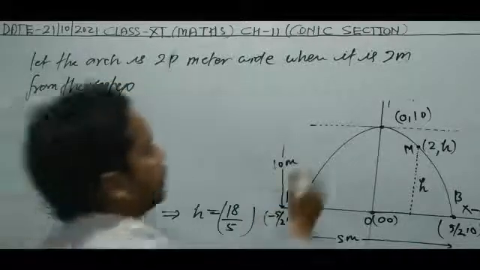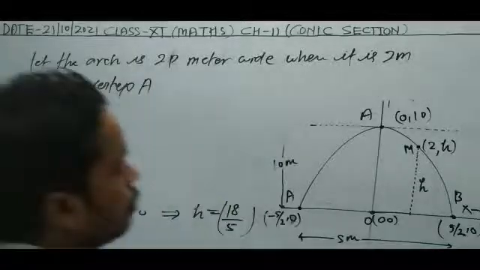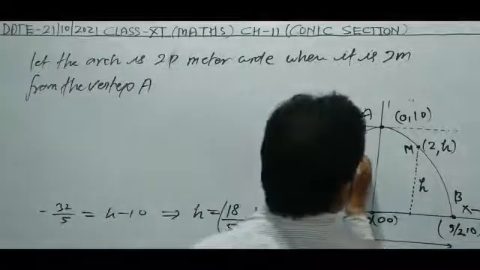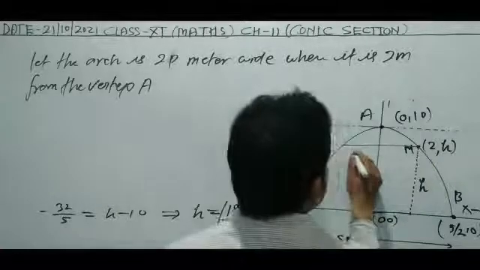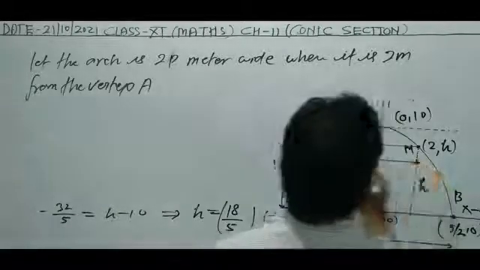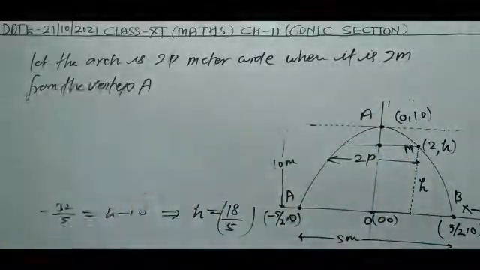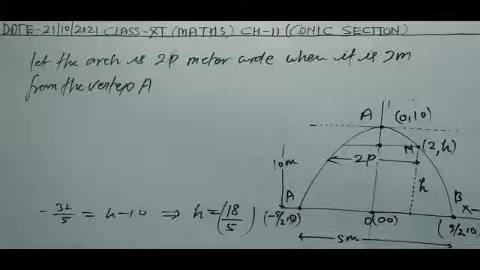At the vertex you can consider A. So this is y, and this is the 2p length. Now this length we have to calculate. This is the 2p length.